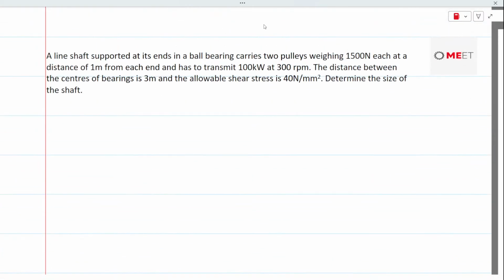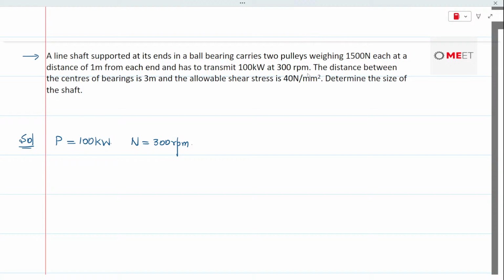The next question is about a line shaft supported at its ends in ball bearings, carrying two pulleys, each of weight 1500 Newton, at a distance of 1 meter from each end, and it has to transmit a power of 100 kilowatt at a speed of 300 rpm. The distance between the centers is 3 meters.